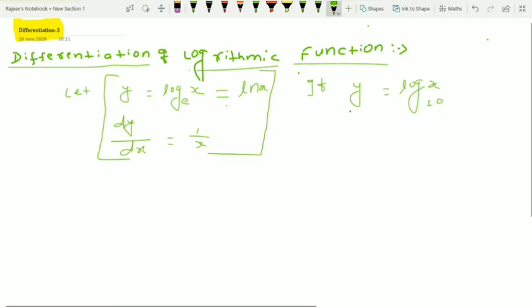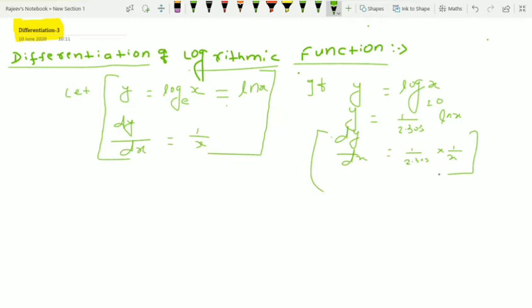So we can convert this to 1 by 2.303 and this becomes ln x. Now its differentiation will be dy by dx, and this will be 1 by 2.303 into 1 by x. So this will be its differentiation. Only what we have done here is we have used the conversion factor, how we convert log x into ln x, right?